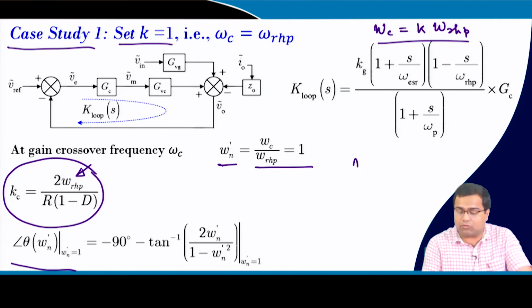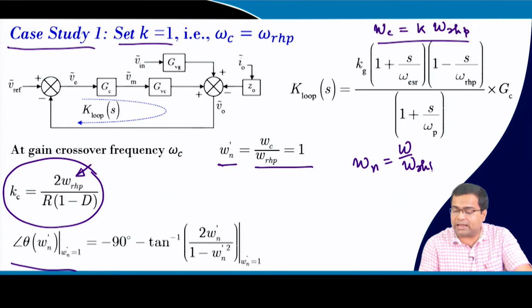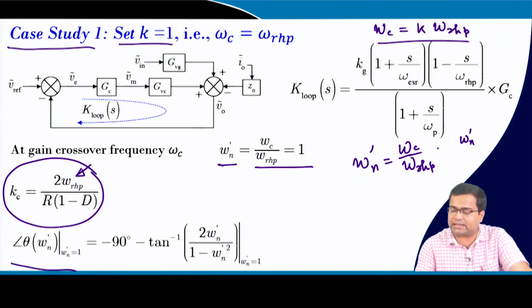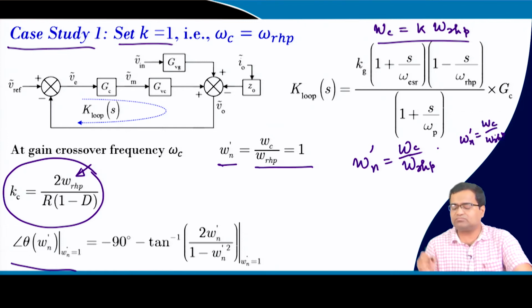Because we know that omega n was originally omega by omega RHP, and that crossover frequency we replace by this, that means dash replace. So, this dash symbol indicates that omega n dash is nothing but omega c by omega RHP.